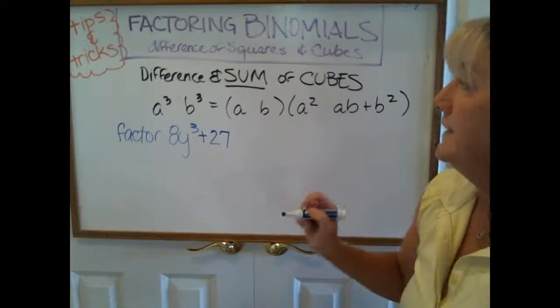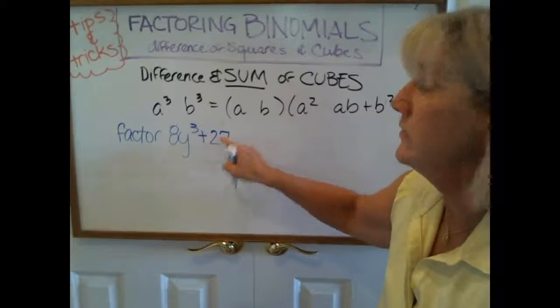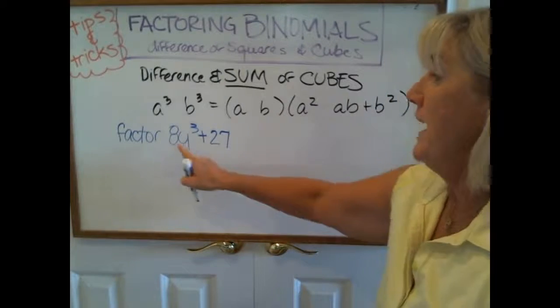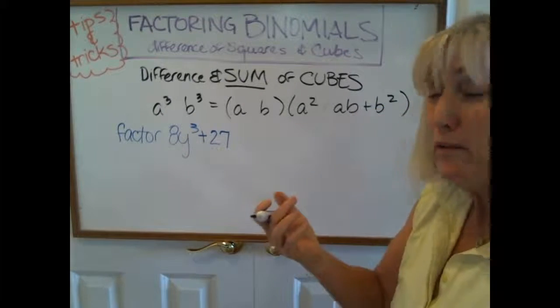So as an example, we're going to factor 8y cubed plus 27. Now 8 is a perfect cube and 27 is a perfect cube. What are perfect cubes?